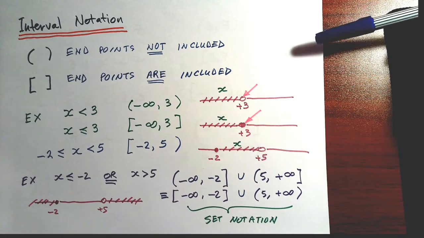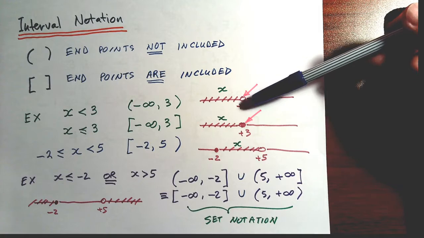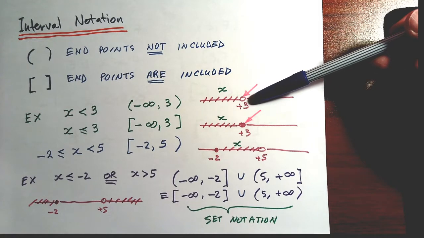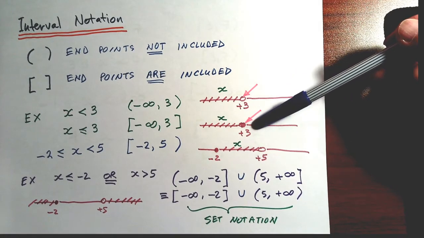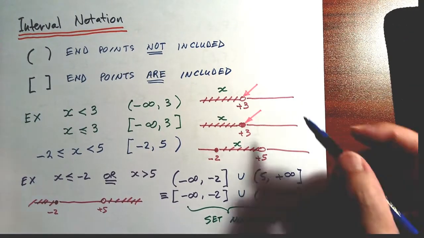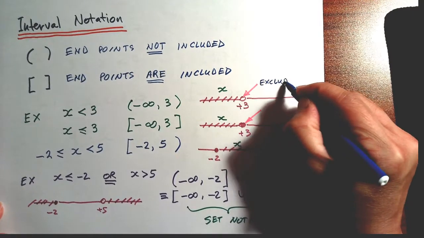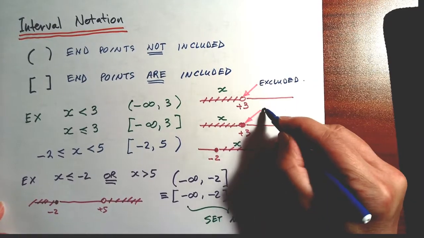And then an additional notation you will want to learn is the circle which is empty and the circle which is filled in. I'm going to write another comment here saying this is excluded and this is included.